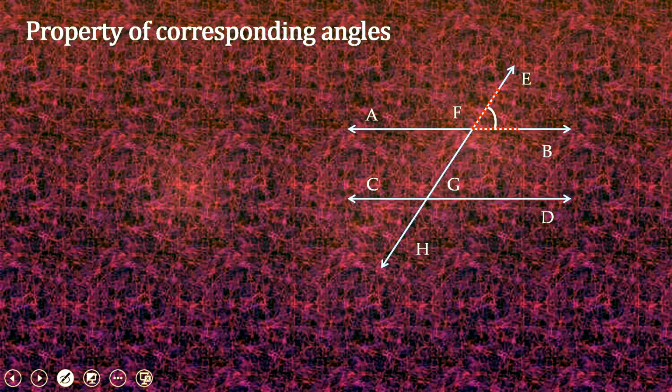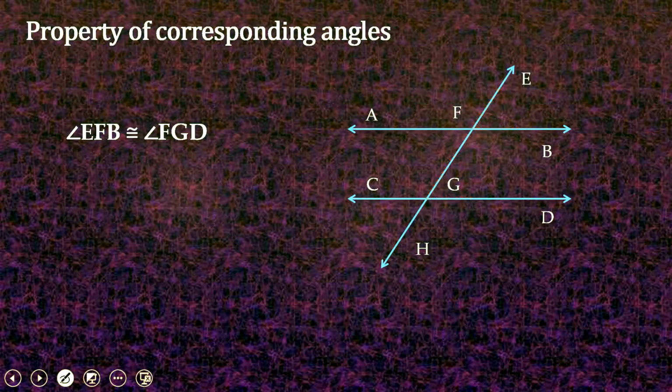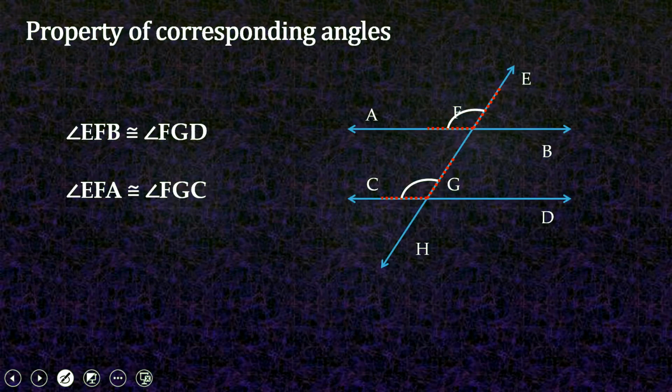So, angle EFB and angle FGD, both the angles are congruent to each other. Angle EFB is congruent to angle FGD. Next, angle EFA is congruent to angle FGC. So these were the congruent corresponding angles.